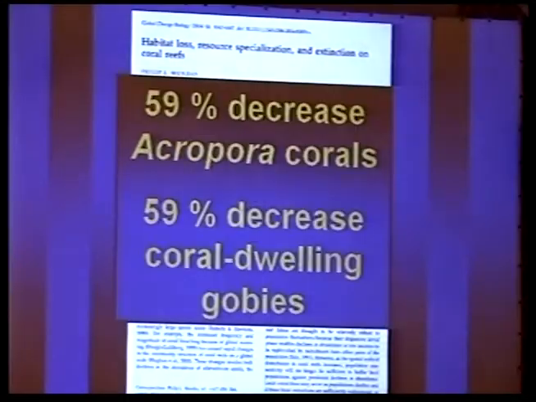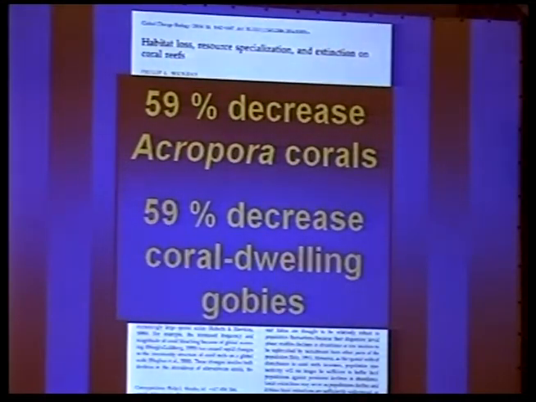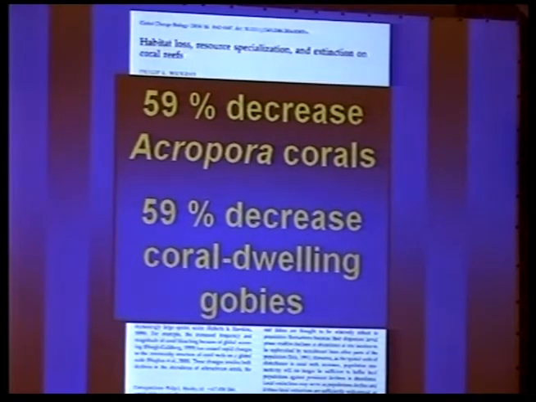This study by Philip Munday in Papua New Guinea, he looked at how more specialized gobies were affected, or he compared very specialized with those that are more general, meaning that they could move among various different habitats. There was a 59% decrease in acropora corals, and it was also a 59% decrease in coral-dwelling gobies. Pretty strong correlation there.